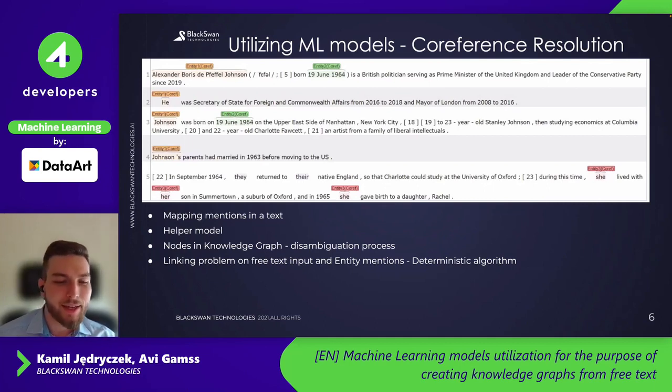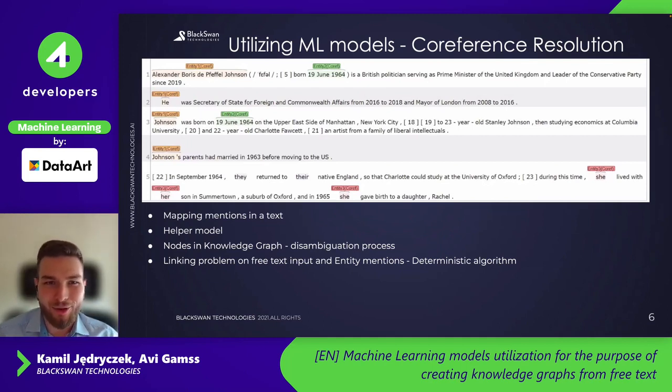So you will see something like he, she, it, her, his, or something like that. And sometimes those mentions, like he, can be connected by some relation to different information, like he was president at that time, right? So we have a relation between he and a president.